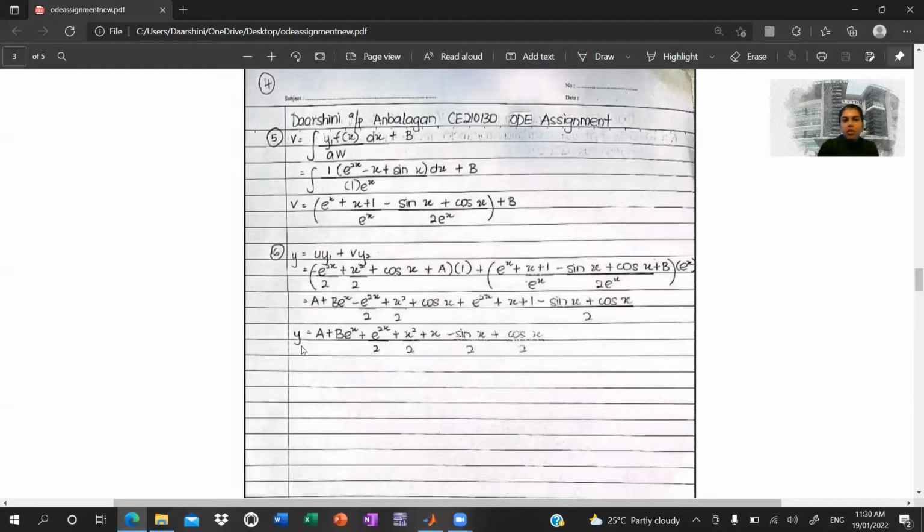So my final value for y is a plus b e exponent x plus e 2x over 2 plus x square over 2 plus x minus sine x over 2 plus cos x over 2.